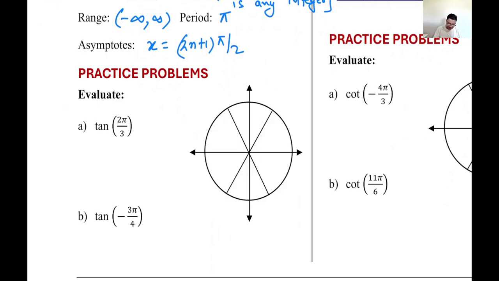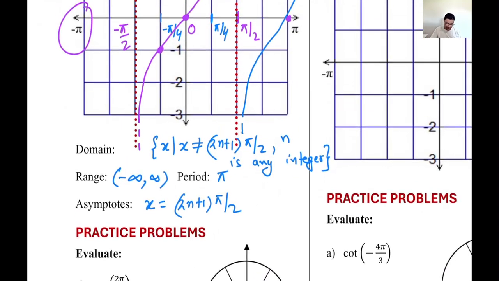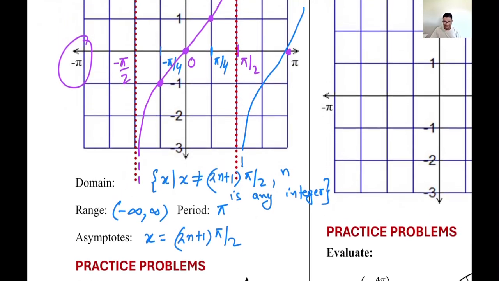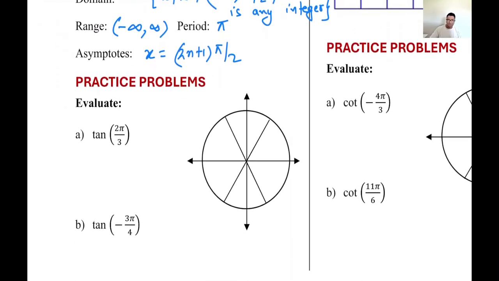Let us do some practice. Evaluate tan 2 pi over 3. Now, sometimes the practice problems you might wonder is not directly from what we did here. That was graphing. And this practice problem will be more about the tangent function. So at 2 pi over 3, we are here, in the second quadrant. That means your reference angle is pi over 3 in magnitude, right?